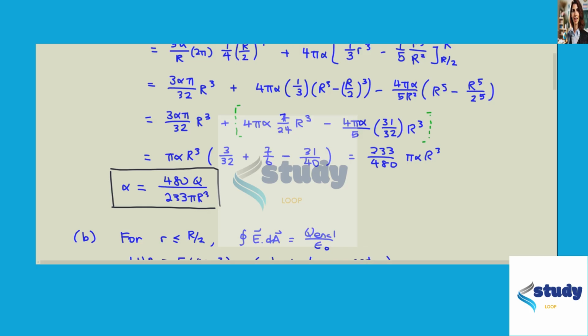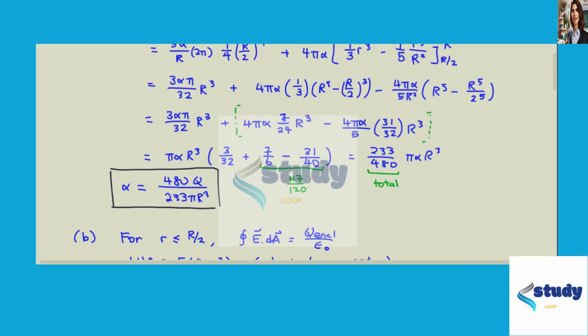So if you actually combine this 7 over 6 minus 31 over 40, you get 47 divided by 120. Okay, and then this is the total, right?